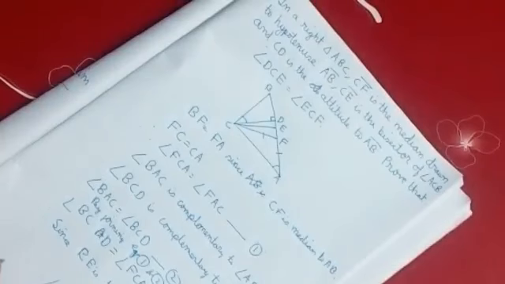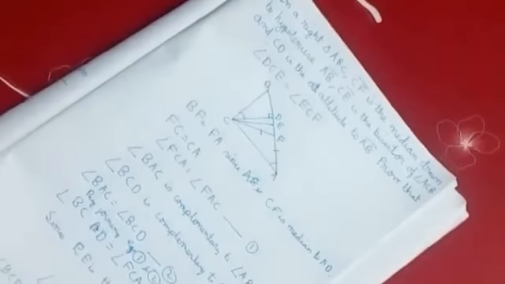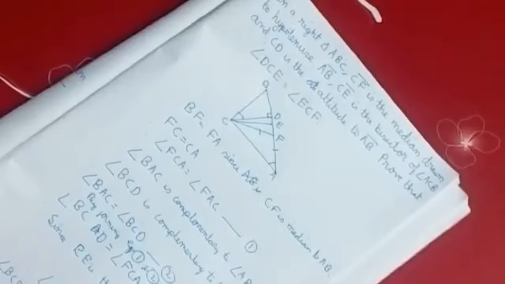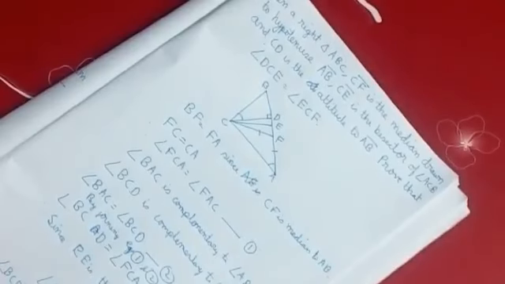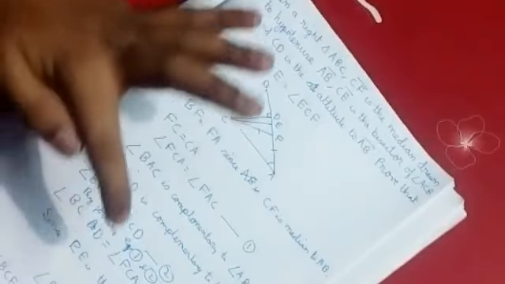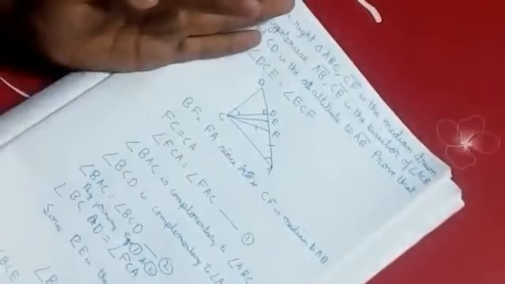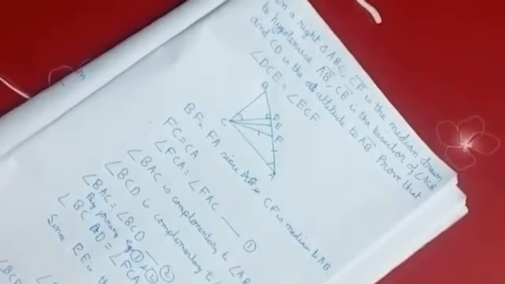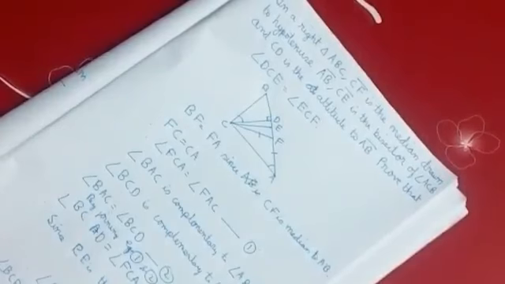If we subtract, angle BCE minus angle BCD is equal to angle ACE minus angle BCD. Therefore, we can tell angle DCE is equal to angle ACE minus angle FCA, which is equal to angle ECF. Hence, proved.